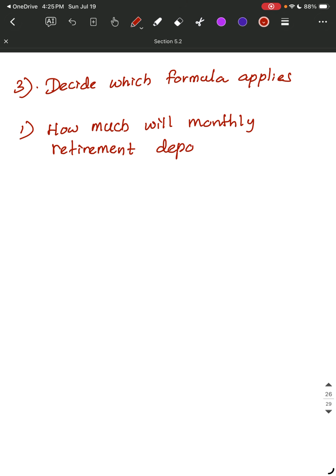Second, what is the current value of future loan payments?